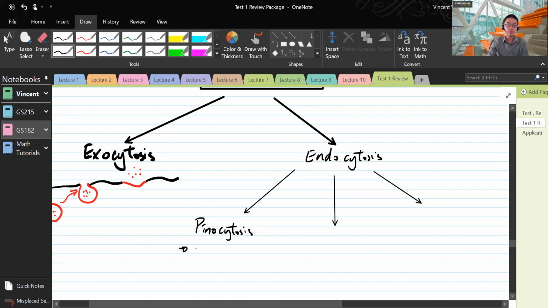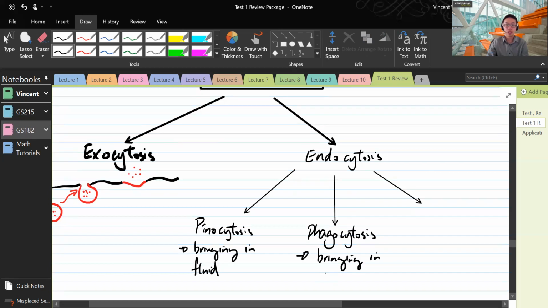So bringing in fluid. We can be bringing in solid, that would be phagocytosis. Solid.